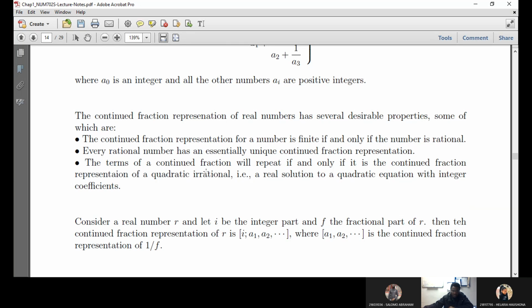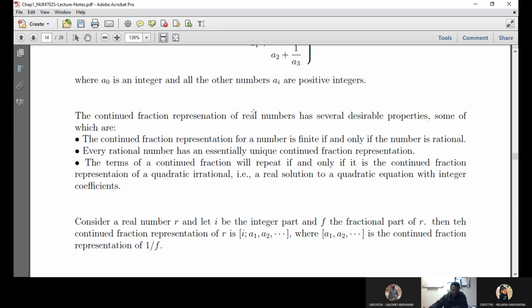The terms of the continuous fraction will repeat if and only if it is the continuous fraction representation of a quadratic irrational, right? Quadratic irrational. You see that it has to be irrational already. And quadratic irrational means that it is the real solution of a quadratic equation with integer coefficients.